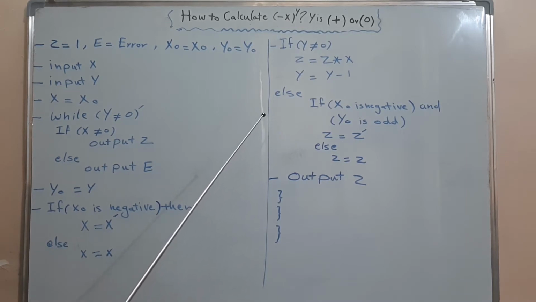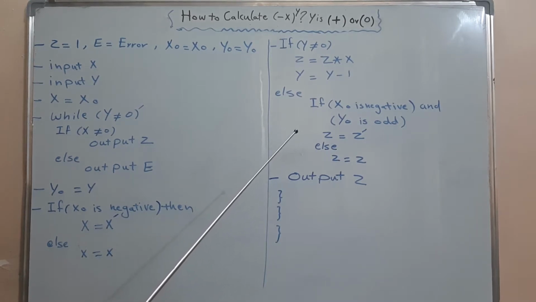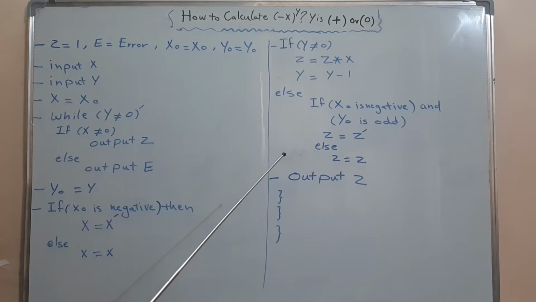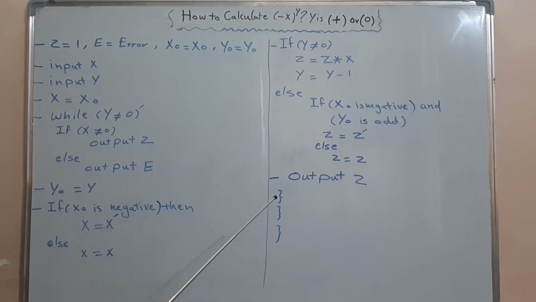And if y is equal to 0 inverse, then the computer system will test whether xo is negative and yo is odd or not. If that statement is true, then z is equal to z inverse. Else, if it's false, then z is equal to z. After that, there will be the output of z.